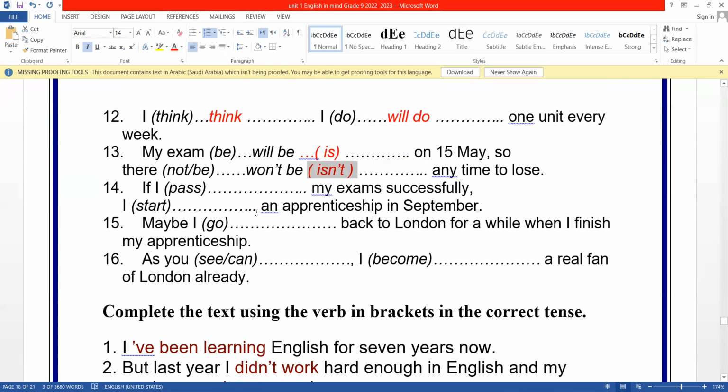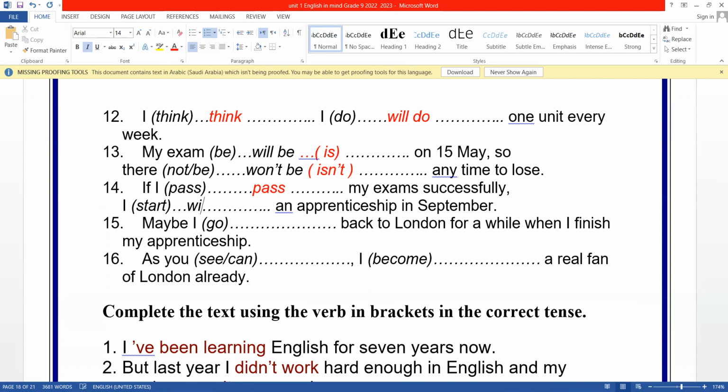So if I pass, this is conditional type 1. If I pass my exam successfully, I will start an apprenticeship in September.